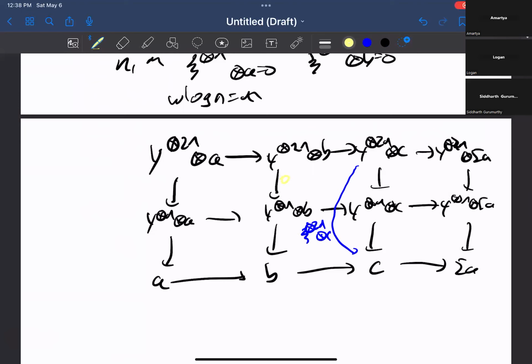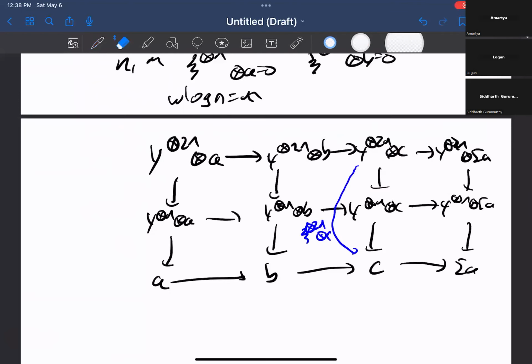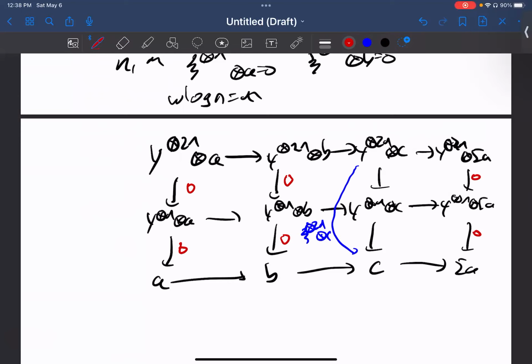And these two are both going to be, let me not use yellow, that's a bad color. Very hard to see. These are both going to be 0. And this is going to be 0 by assumption. So because this composite here is 0, this implies that there exists a map this way, which we can call H, such that this triangle commutes.